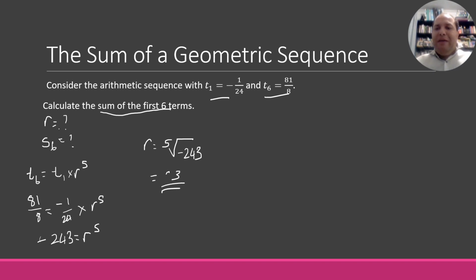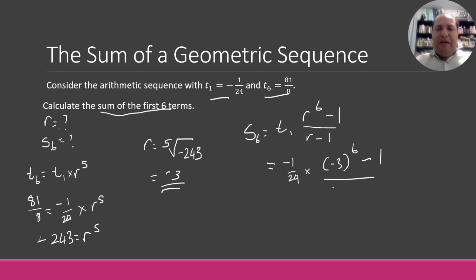So now I've got my r value. I can now work out my sum of the first 6 terms. The sum of the first 6 terms will be T1 times r to the 6 minus 1 over r minus 1. Term 1 is negative 1 on 24, times r, which is negative 3, to the 6. Please do not forget to put those negative values in brackets.